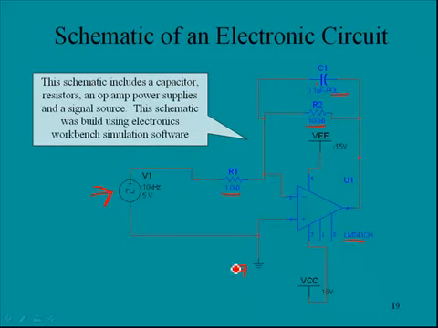Here we see a ground. Down here we see a positive voltage. Here we see a negative voltage. This particular circuit is an integrator. It is a circuit that develops a ramp. It looks kind of like this, the output of this device. But right now this is not of importance, this just is an example of an electronic circuit.